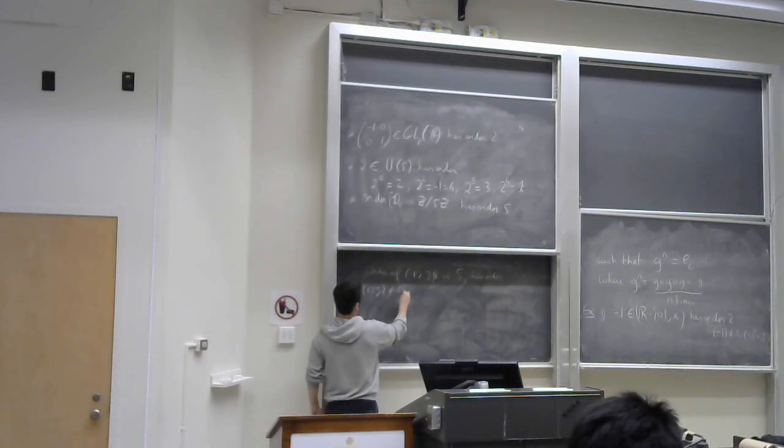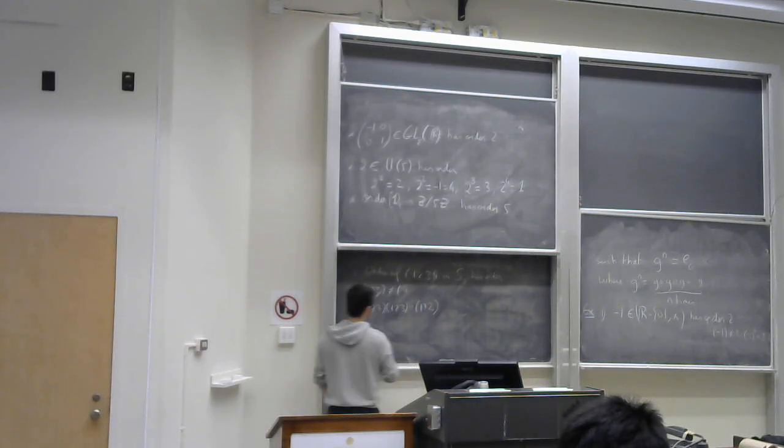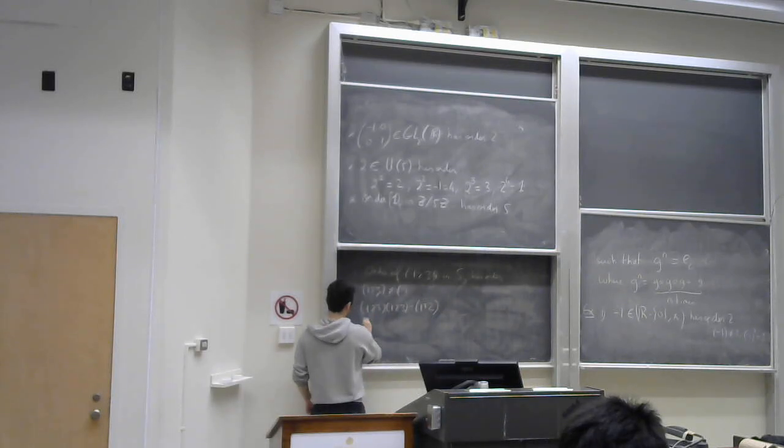(1 2 3) is different than the identity. Now (1 2 3) times (1 2 3), what is that? So 1 goes to 2 and 2 goes to 3, so 1 goes to 3, 3 goes to 1 and 1 goes to 2, so it's (1 3 2), right? Now what's (1 2 3) cubed?